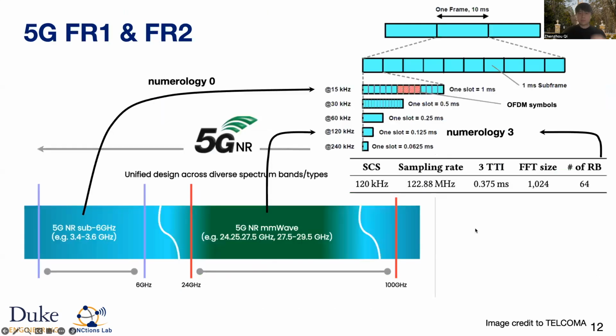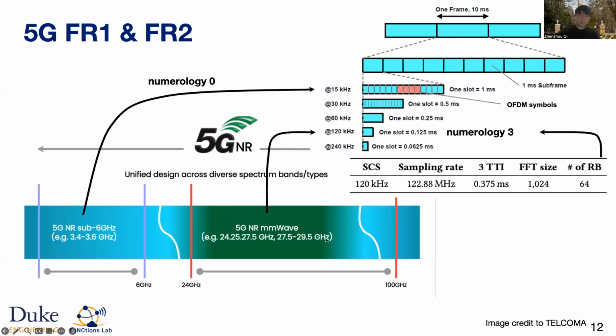Although most recent studies have been focusing on software-based baseband processing for large-scale sub-6 GHz MIMO systems, 5G also embraces the millimeter wave frequency band to achieve further improved data rates, leveraging the widely available spectrum.